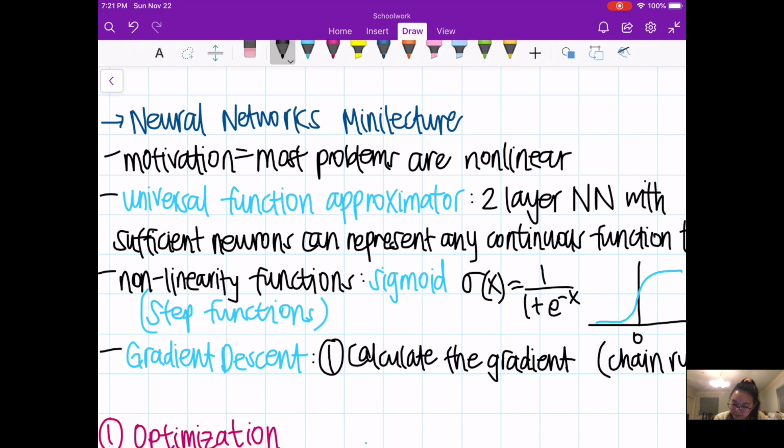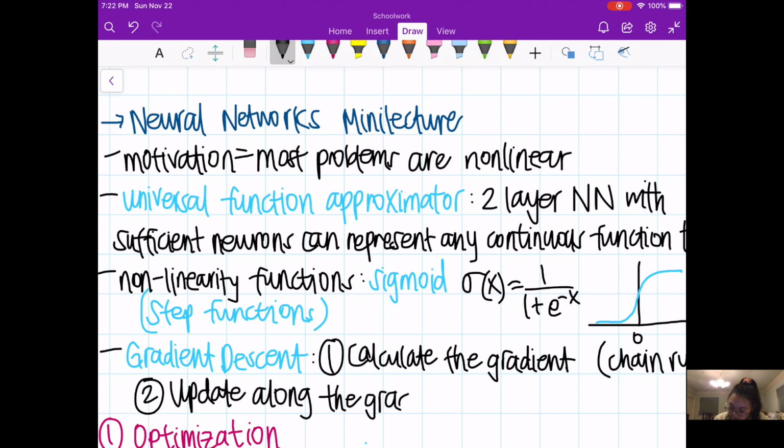Cool. And then the second step is to actually update along the gradient. So specifically, the update usually looks like, if you have w_i, then you want to update it to be w_i minus the size of your step times the gradient.